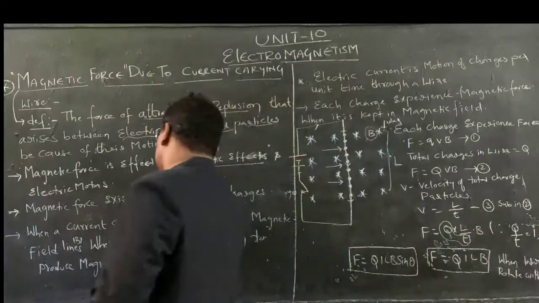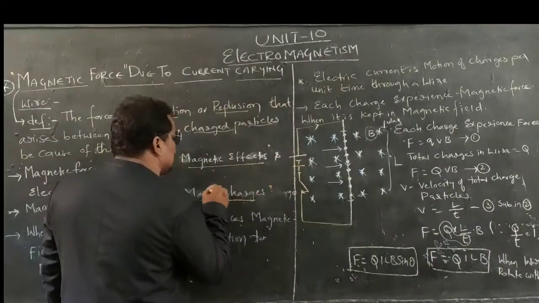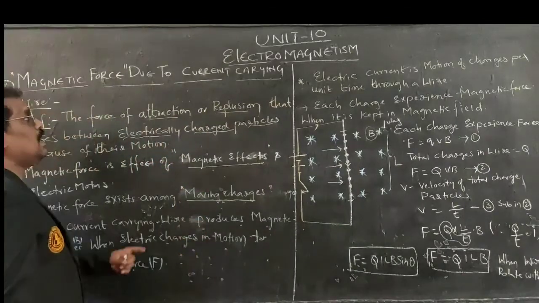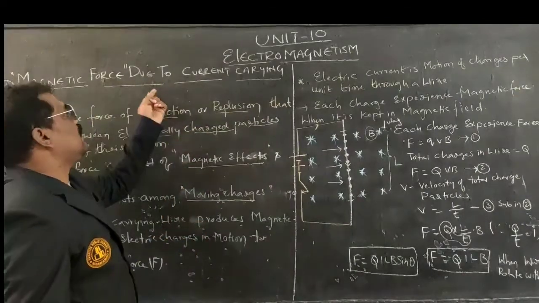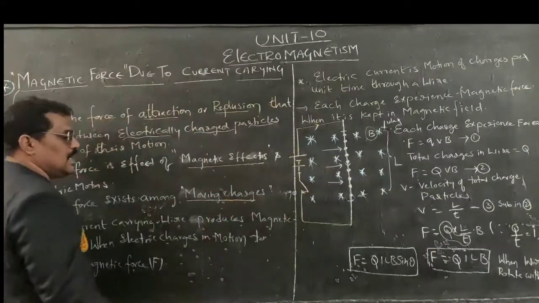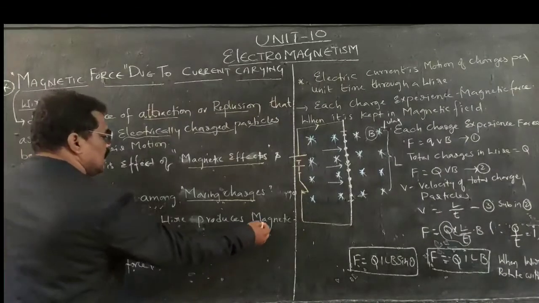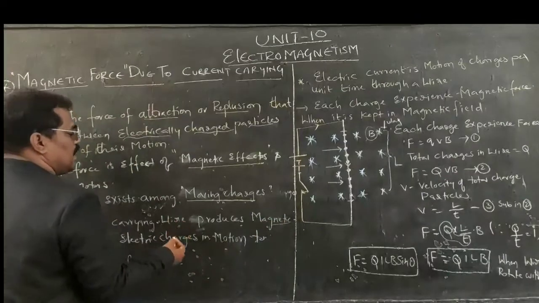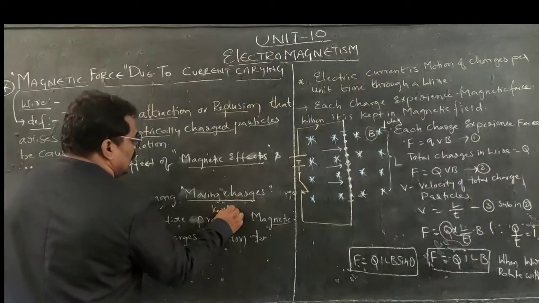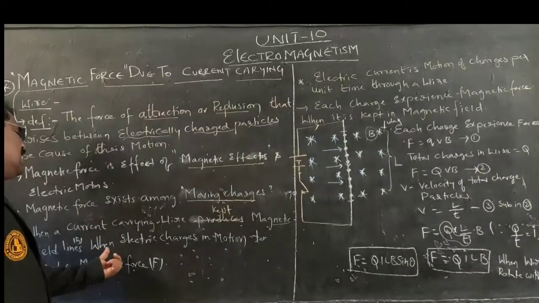This magnetic force can exist in stationary charges also, but as we are considering a current carrying wire, it exists through moving charges also. When a current carrying wire is kept in magnetic field lines, what happens there?